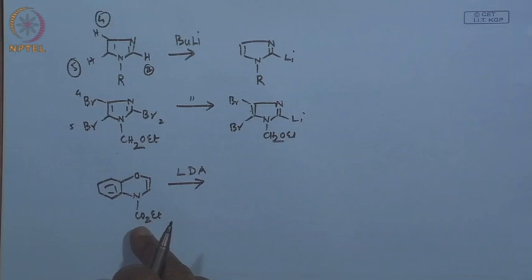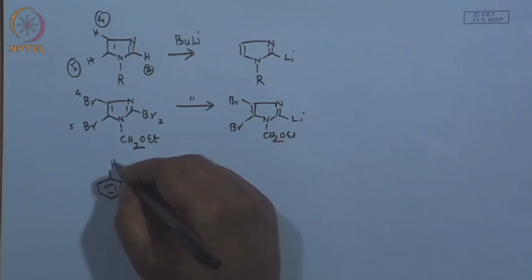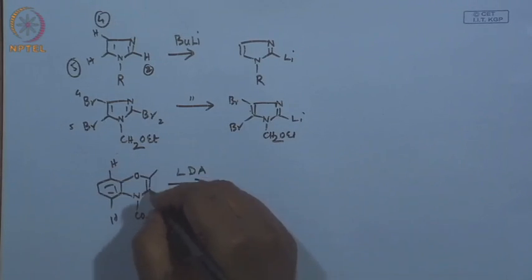Now what do you expect out here? LDA is not nucleophilic, so it will not react with the carbamate carbonyl. So, it should promote deprotonation, right, and there is no halogen in this case. What you can see are so many hydrogens here, you have peri hydrogens and all these things.